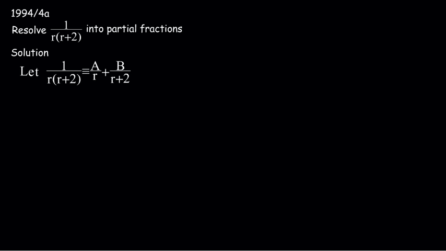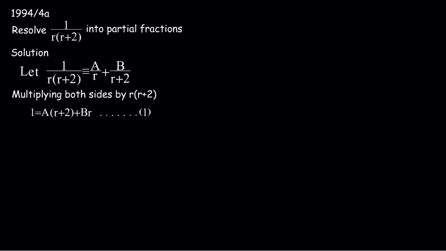Now, our next step is to multiply both sides by x in bracket x plus 2. Doing so, it becomes 1 equals a in bracket x plus 2 plus bx. Let this be our equation 1. Now, to eliminate b, we put x equals 0 in equation 1.